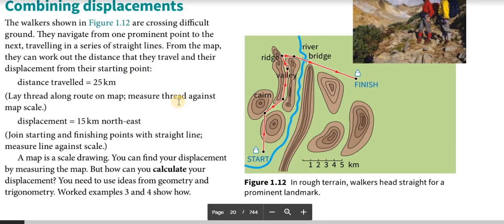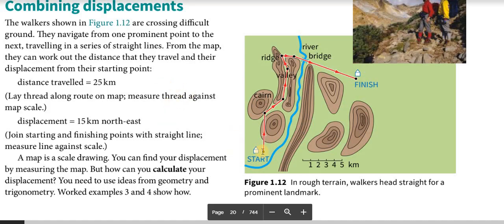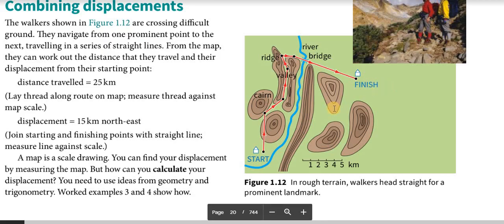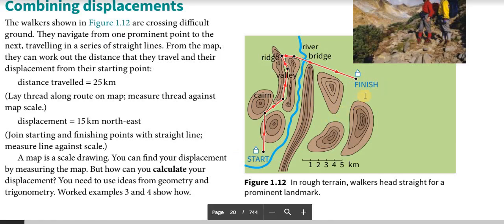Maybe 1 kilometer is 1 centimeter on this map. So maybe when you measure it from here to here, it would be 15 centimeters. Now if the scale is 1 kilometer equal to 1 centimeter, then it will be 15 centimeters. If it's 15 centimeters, it will be 15 kilometers from over here to here.